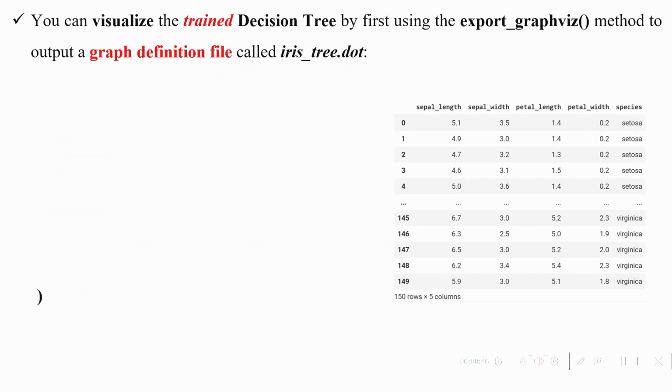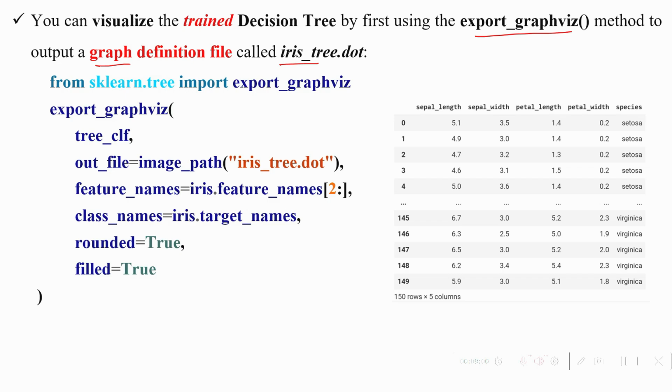Then we can visualize the trained decision tree by using the export_graphviz method to output the graph. Define a file called iris_tree dot. Here we are going to use a method from scikit-learn dot tree, we are importing export_graphviz.